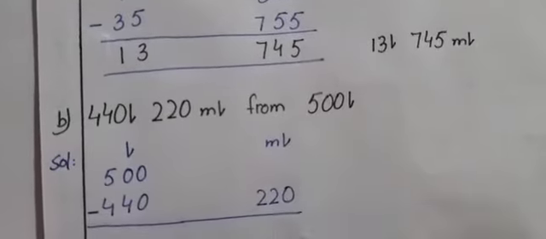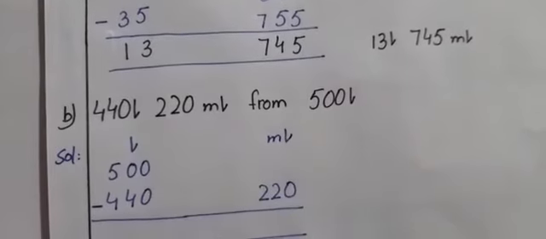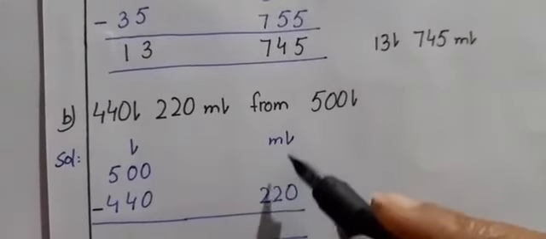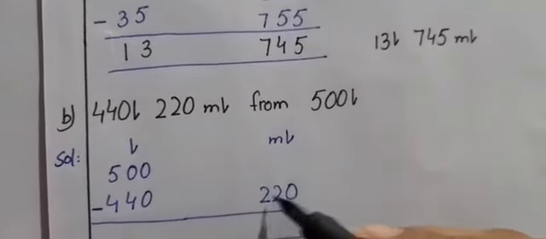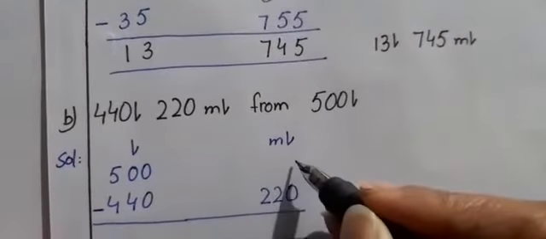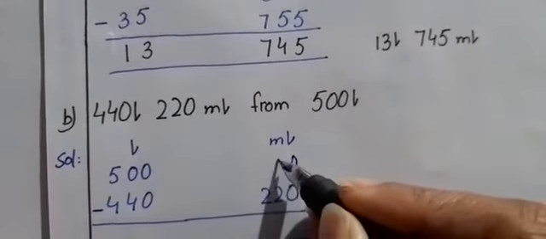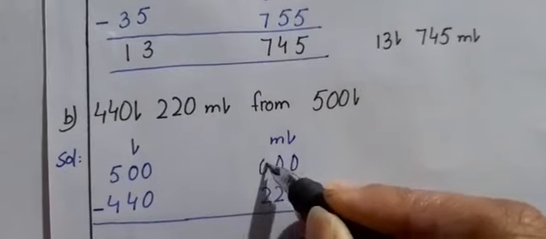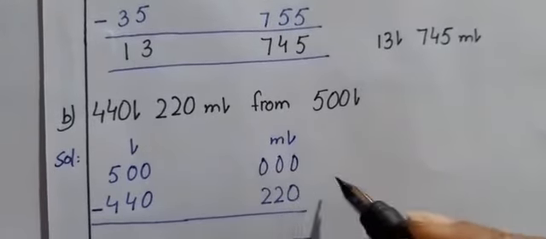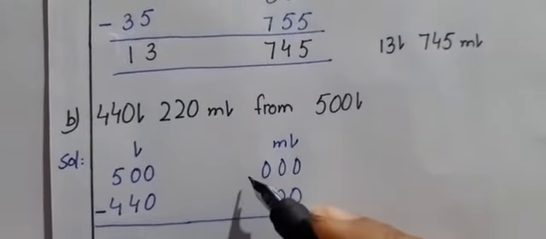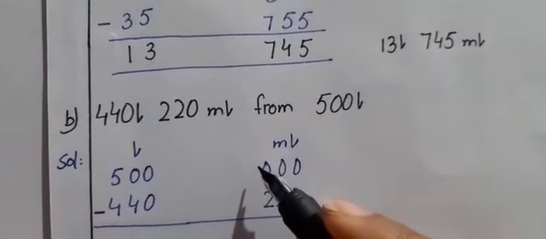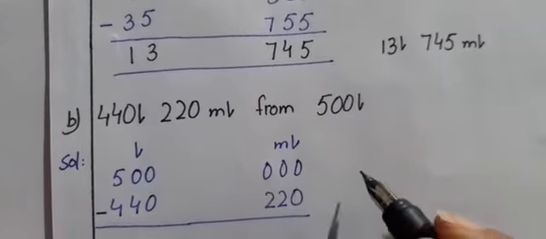So what we are going to do, you have to remember that if there is nothing we can subtract 220 from, we have to write 0 0 0. Okay, because 0 has no value if there is not a number before it. If there is 1, then it will become 1000.